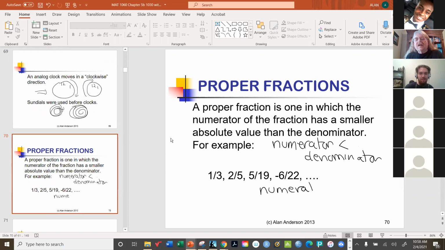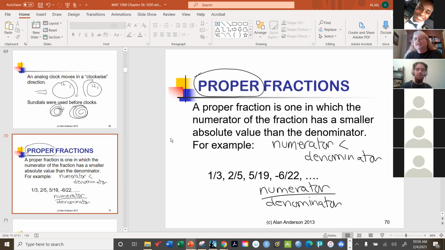If you've long since forgotten about this, the denominator is the one on the bottom. Like in these cases, you notice the numerator is smaller. And here, by the way, don't worry about the sign. 6 is less than 22. These are known as proper fractions. Where that name came from, I don't really know. It seems like an unusual choice, but they are known in math as proper fractions.